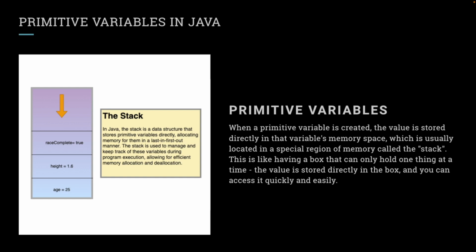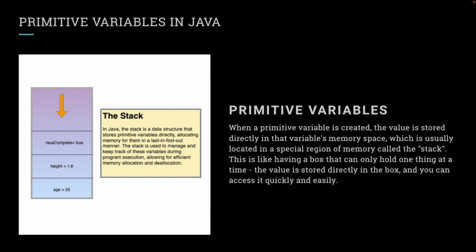This is associated with a removal pattern, which has its own acronym when it relates to stacks, called last in, first out, or LIFO. You'll see this a lot in computer science and programming in general when we're talking about the stack. That's the pattern of how it removes items from the stack.